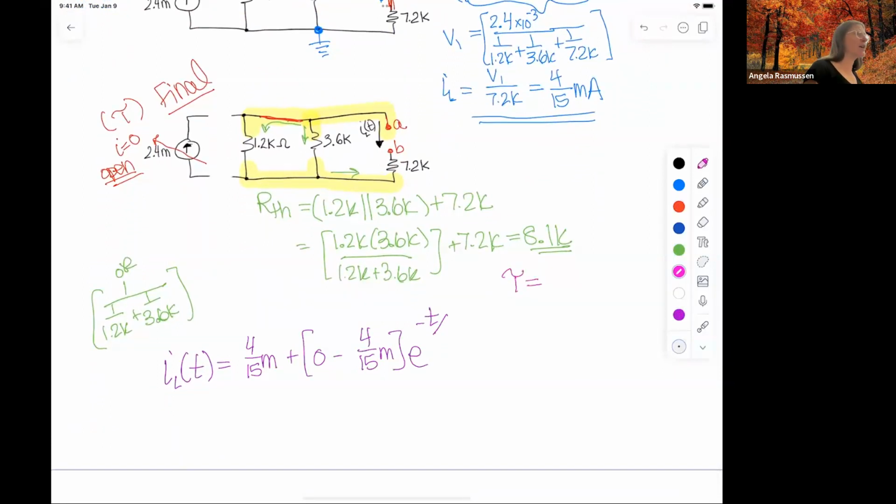So tau is what for an inductor? Correct. And so L was 81 millihenry. And so 81 milli over 8.1K.